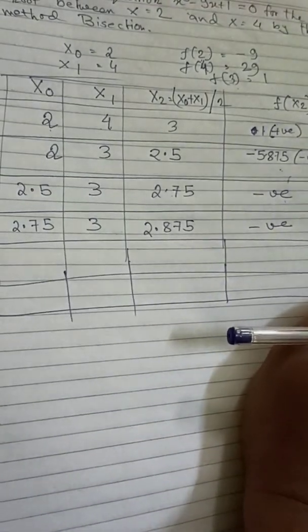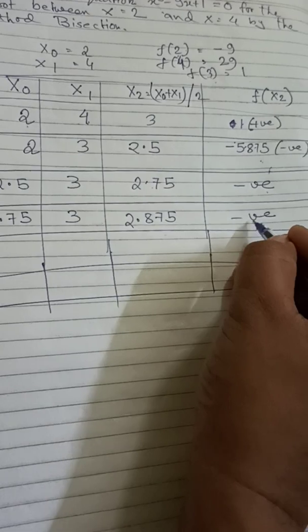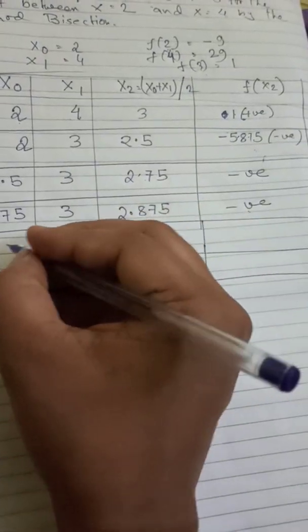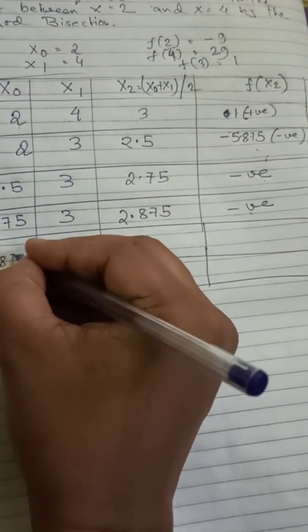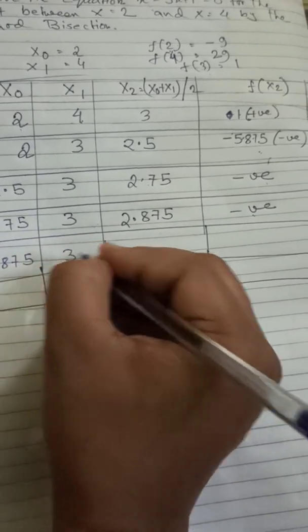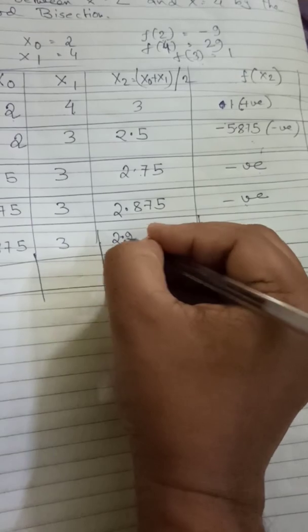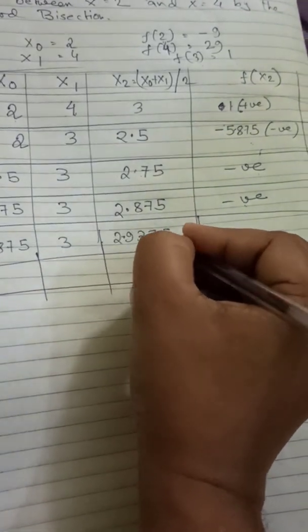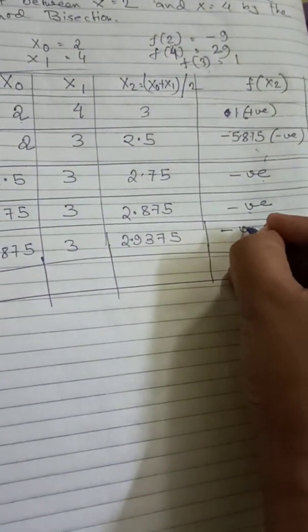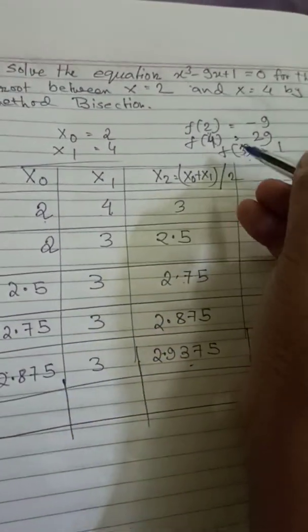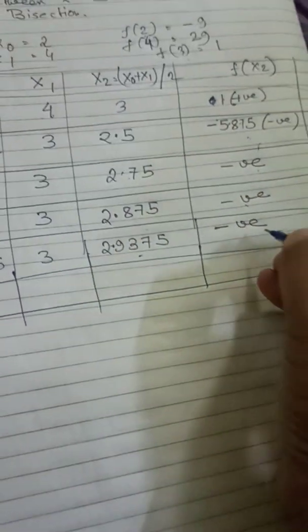Next, this one is negative, so this value will come here, and the new value of x2 will be 2.9375. If we put this value in the equation, we again find a negative value.